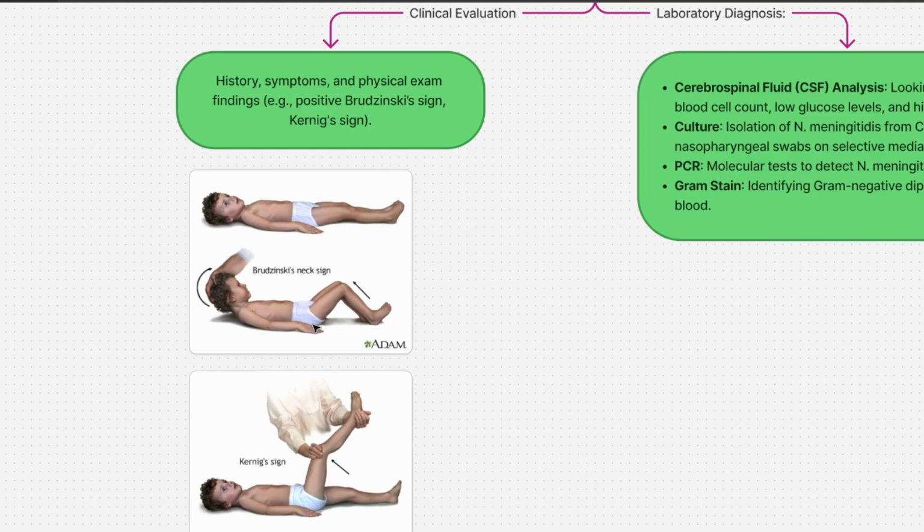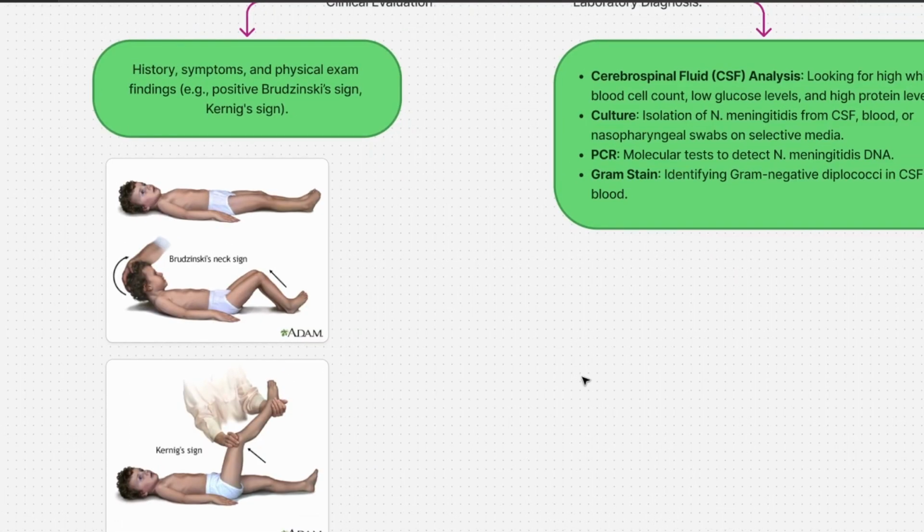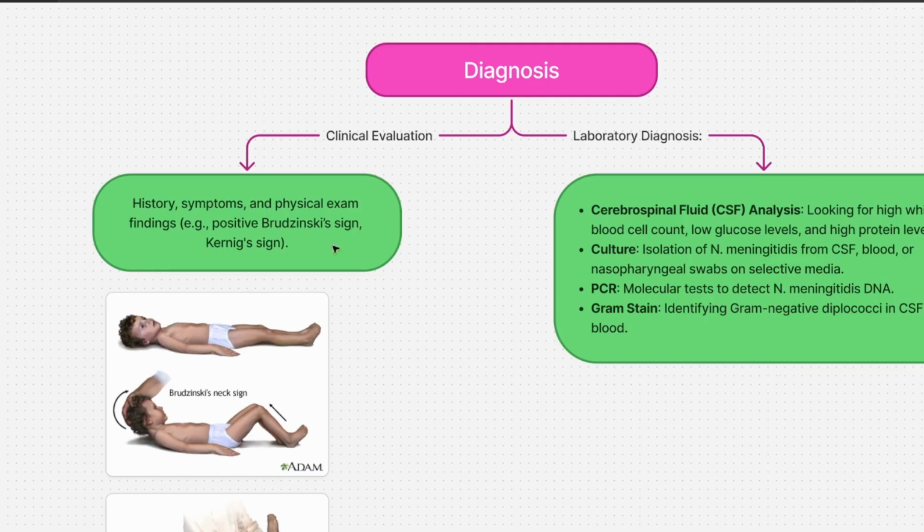And Kernig sign is when you flex the hips, the hamstrings are very stiff, so the person can't extend it back voluntarily, or it's very, very painful. So that's for the clinical evaluation.